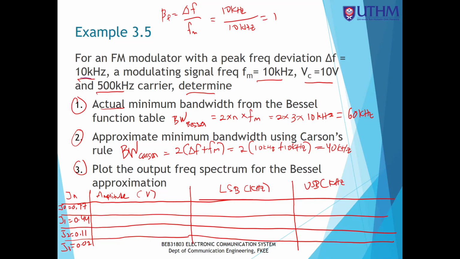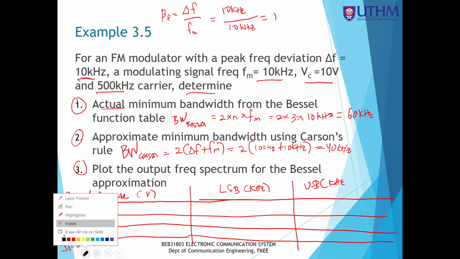How much is VC? VC is 10 volt, and the carrier frequency is 500 kilohertz. In order to find the amplitude, we want to find V0.